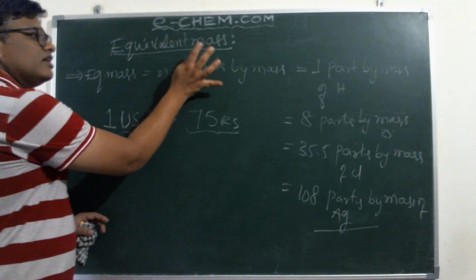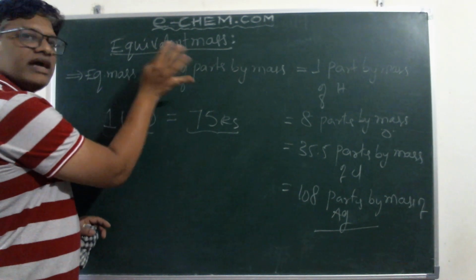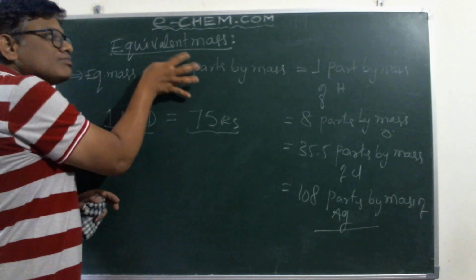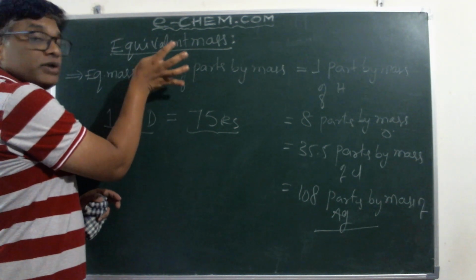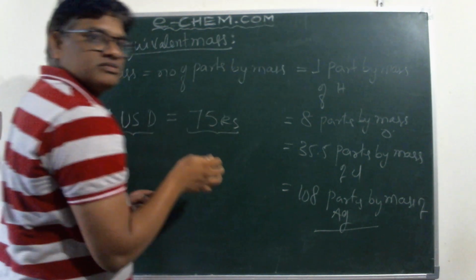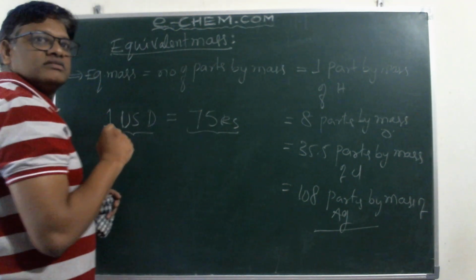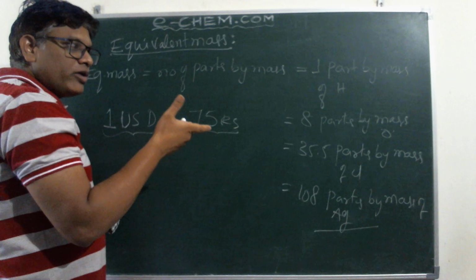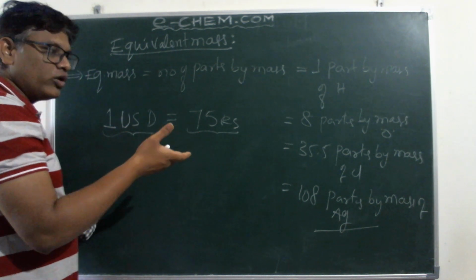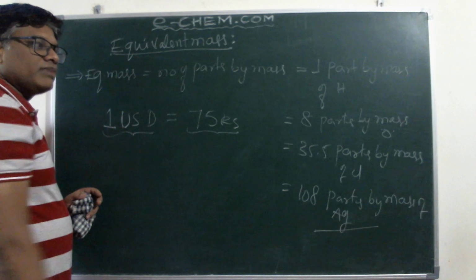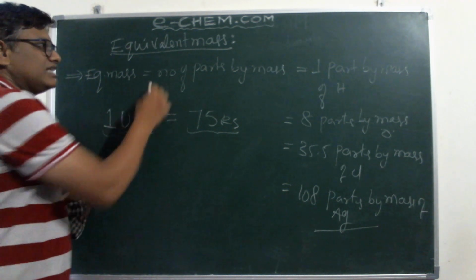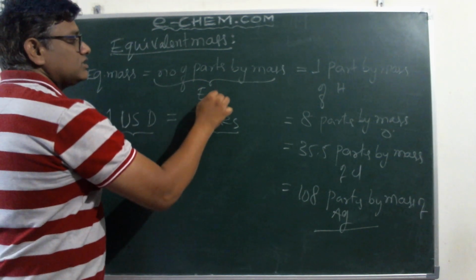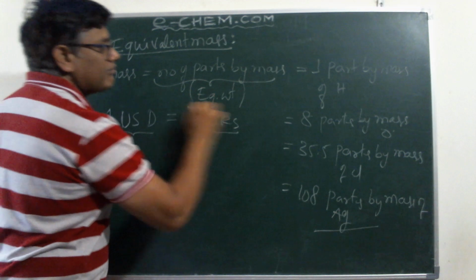Similarly, the atoms of the elements combine to form the compound. The number of parts by mass, which is just a pure number, equivalent to 1 part by mass of hydrogen, or 8 parts by mass of oxygen, or 35.5 parts by mass of chlorine, or 108 parts by mass of silver, is to be considered as the equivalent weight or equivalent mass.